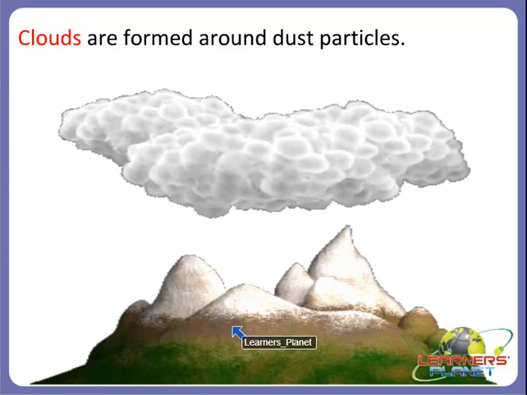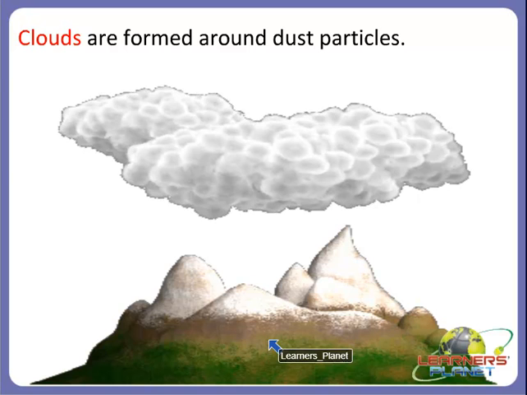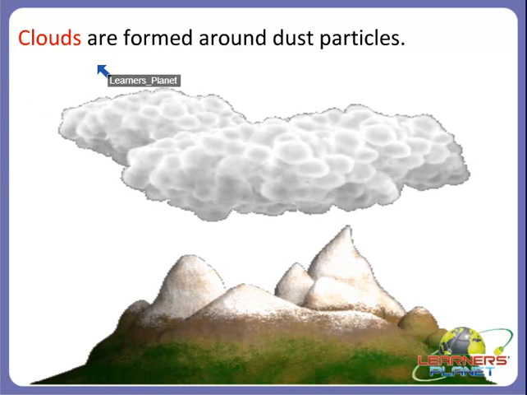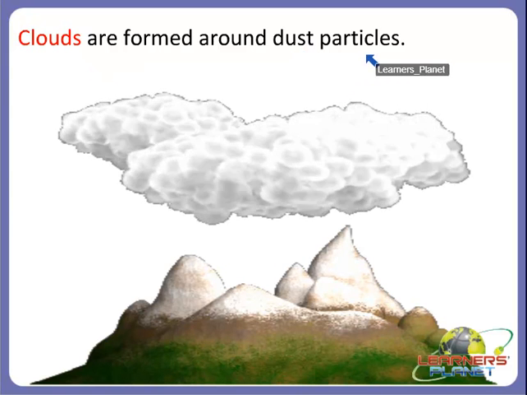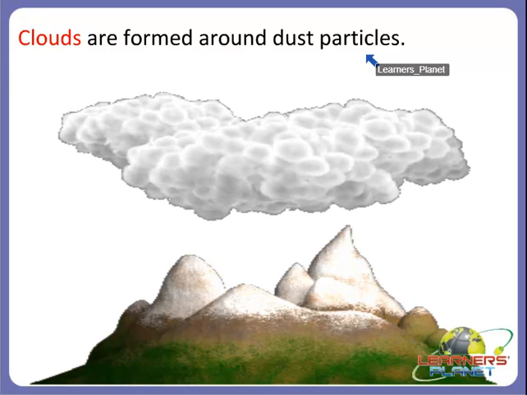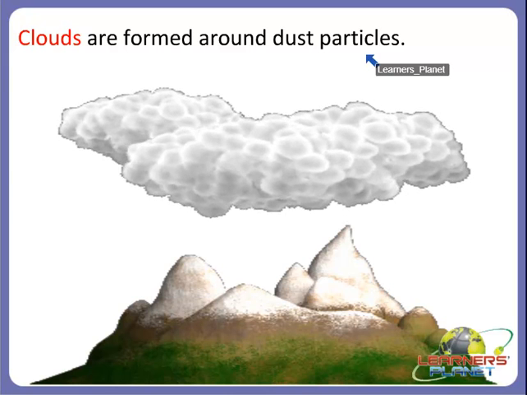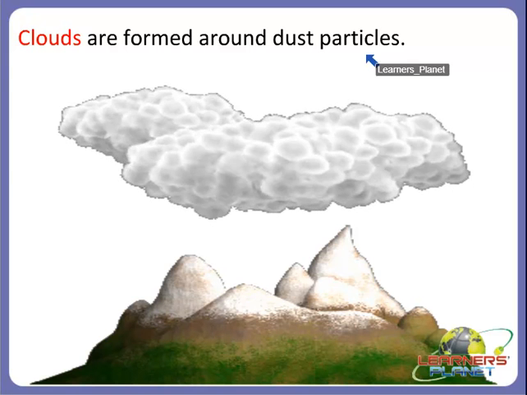So dust is very helpful because clouds are formed around dust particles, and because of this we get rain. So always remember that there would be no rain if there is no dust.